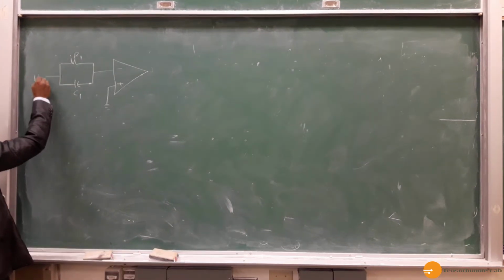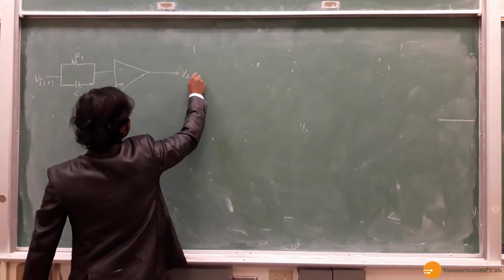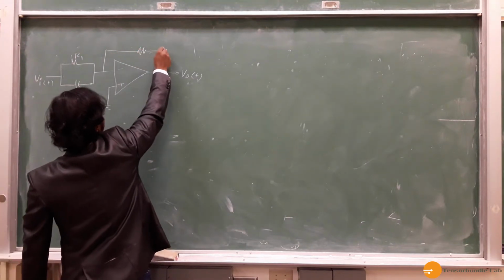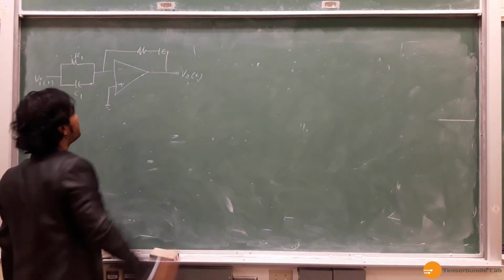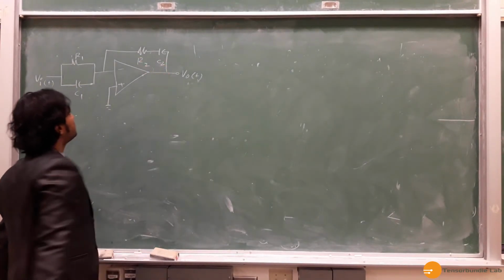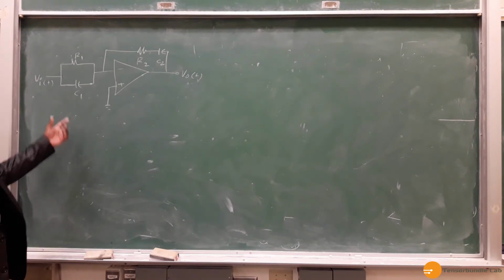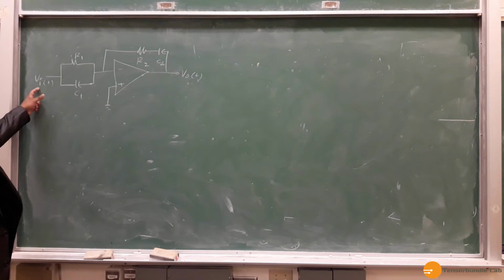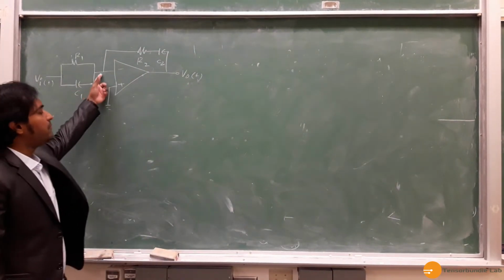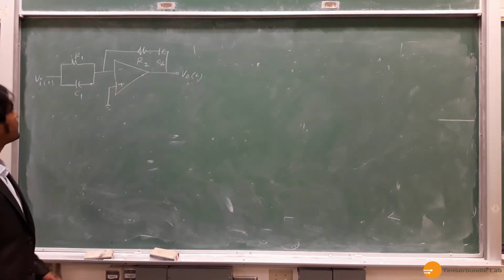This is input V of I(t). And we have the output V of O(t), having a negative feedback load, which consists of R2 and C2. So this is an op-amp amplifier. We have the input V of I(t) and the output is V of O(t). And we have a feedback loop here, having a resistor R2 and C2.